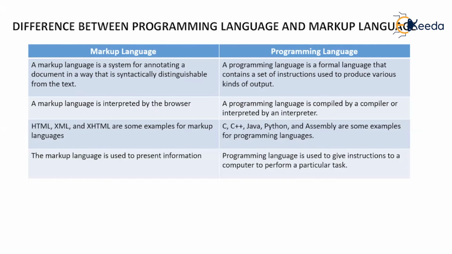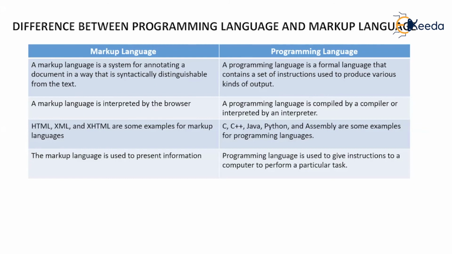So, when you write in a programming language, first it is compiled, that means it is converted into a byte code format, and then it is interpreted. But when you work with a markup language, there is nothing called a compiler. Everything happens with the help of the browser, and the browser directly interprets it.